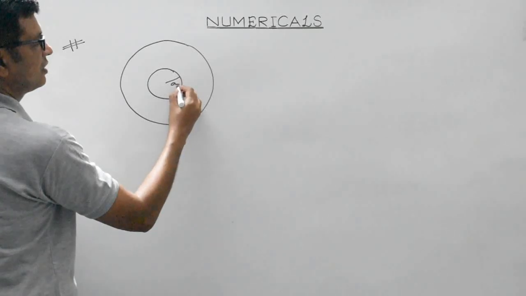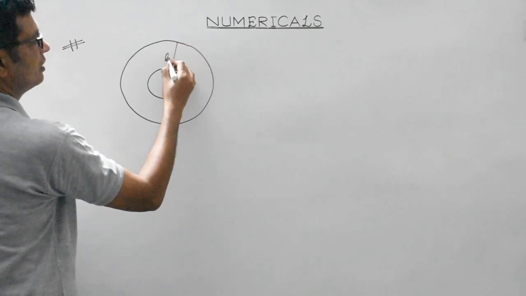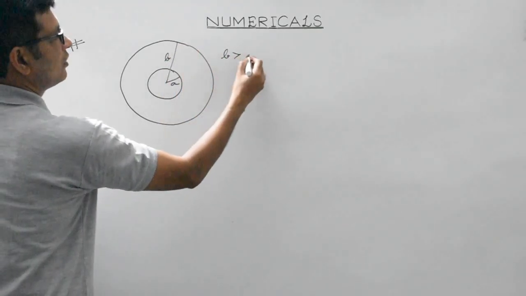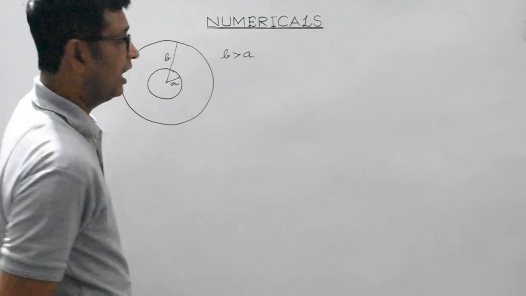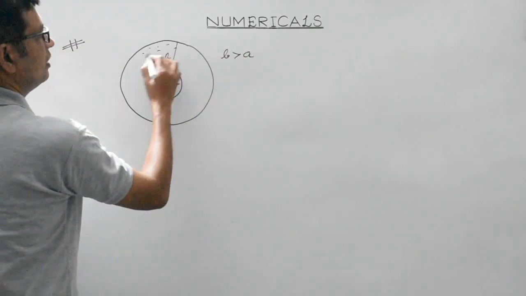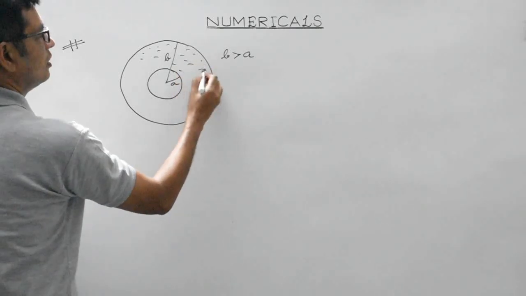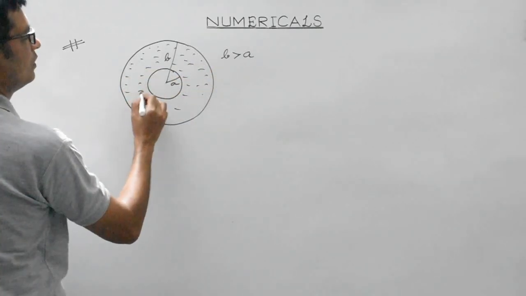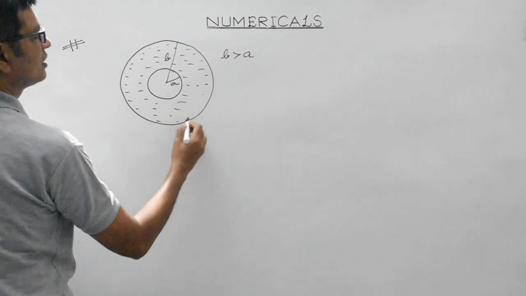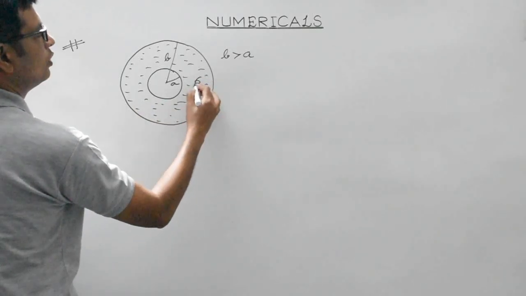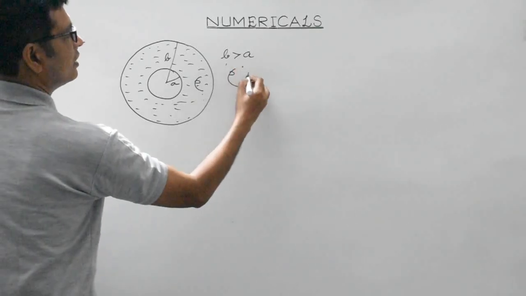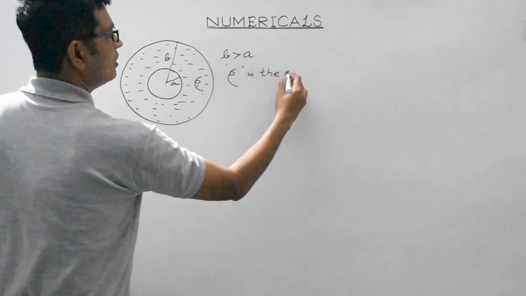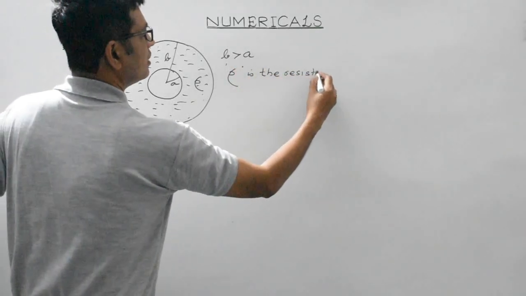This is of radius A and this is of radius B, and it is given B is greater than A, and the space between the two shells is filled with a medium of resistivity rho. Rho is the resistivity.